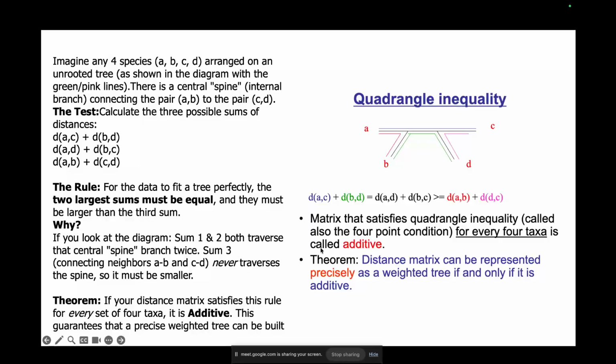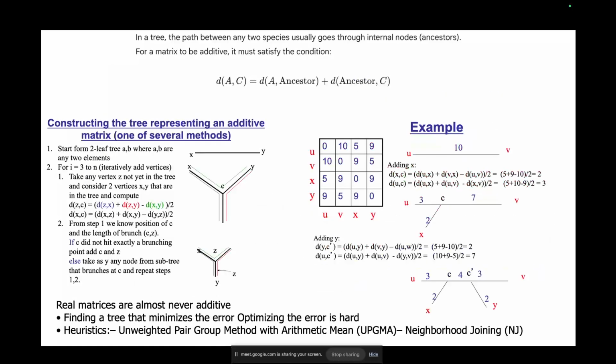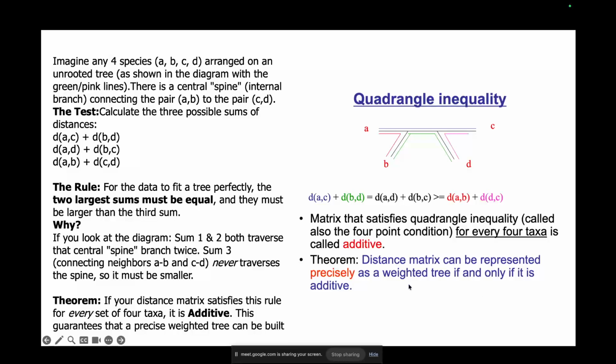I'll not go into the detail of this, but this is a theorem, right? So basically this is called the additive theorem, right? So if a particular distance matrix is additive, then only it can be precisely represented as a weighted tree, or else not. And by additive, you mean fulfilling this particular condition.